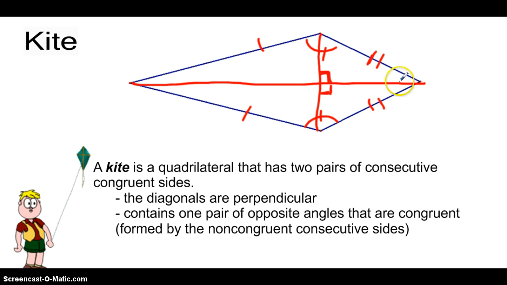And what else we know is that this diagonal also bisects these angles here. Okay, we didn't really look at that at the sketch pad, but it does. And it creates these congruent right triangles, these congruent right triangles here and here. And it also bisects the short diagonal.